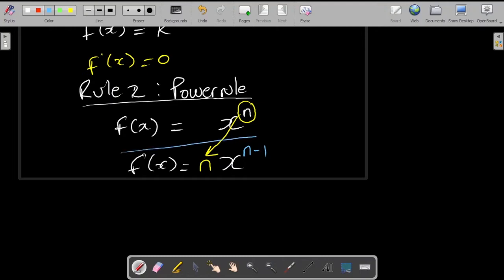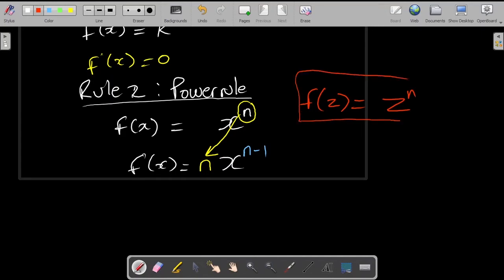This is what you do if you had a function. It can be a function of any variable. Please take note that it doesn't necessarily have to be a function of x. It can be a function of z, or just about any variable.